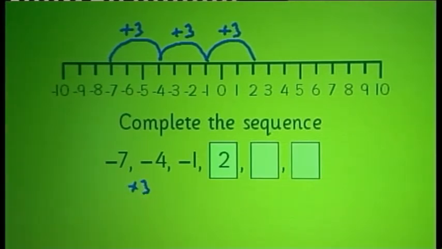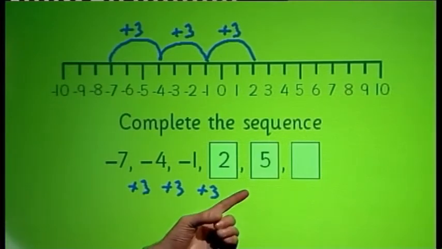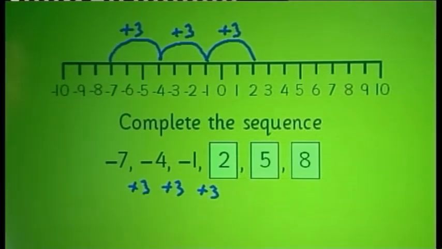And 3 again brings us to negative 1. Add on 3 to negative 1 brings us to 2. And 3 more makes it positive 5. And 3 more again, positive 8. And that completes our sequence.